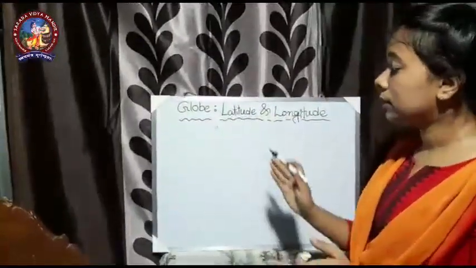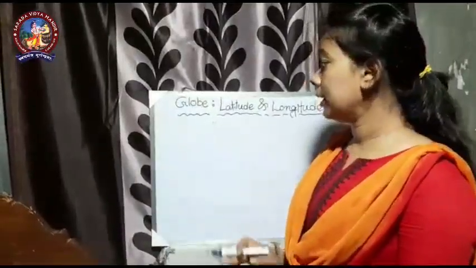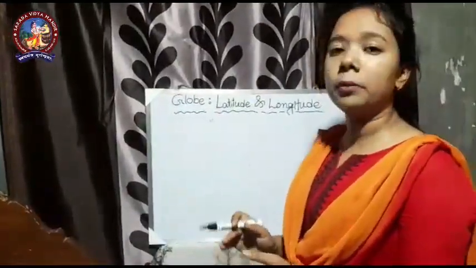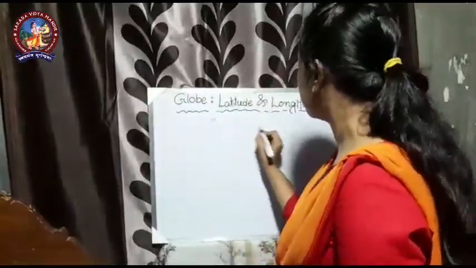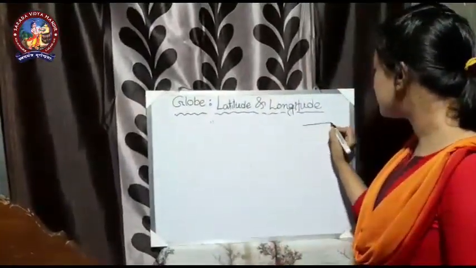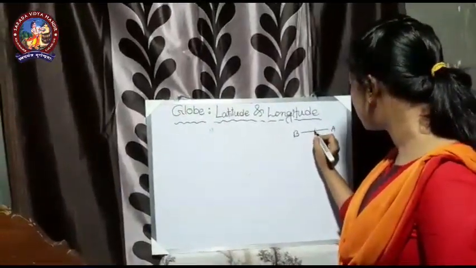As we know, the prime meridian, which is considered as 0 degree, goes through Greenwich. It's near London. Now suppose there are two places, A and B. Here is Greenwich.